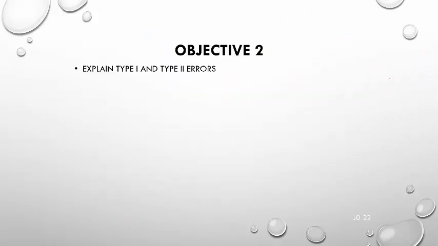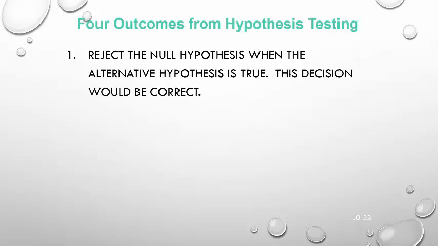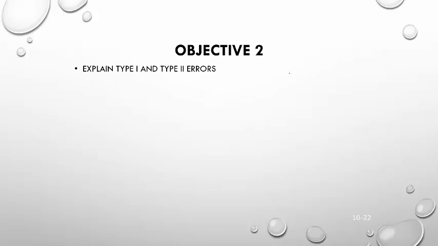Now let's talk about type 1 and type 2 errors. These are sometimes when you make an incorrect conclusion in hypothesis testing. There are 4 outcomes. Let me go back and say what you can do with hypothesis testing. You can reject the null.